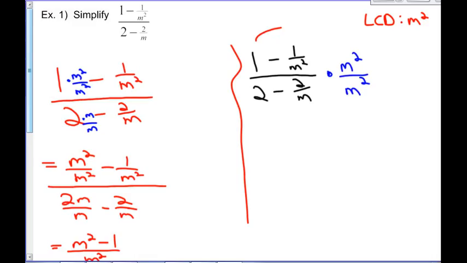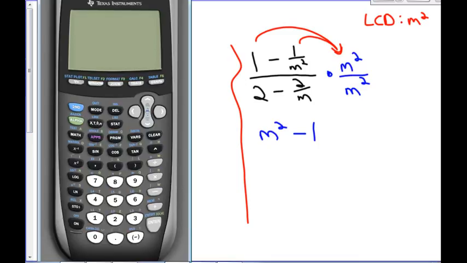Let's see what that gives us. That's going to give us m squared minus, this will be m squared over m squared, so that's just 1. And the bottom is going to give us 2m squared.